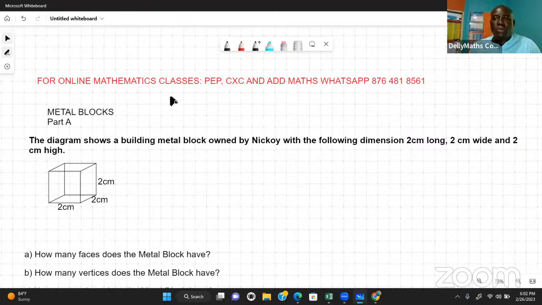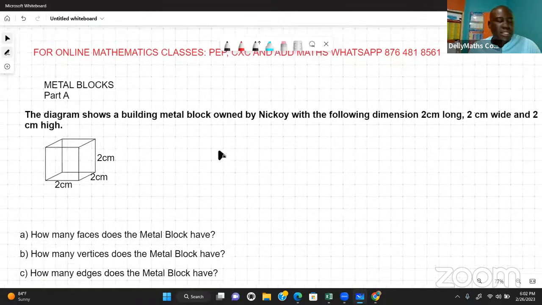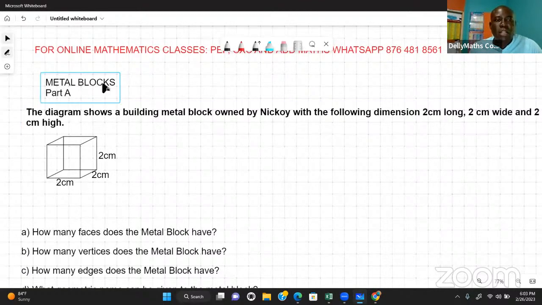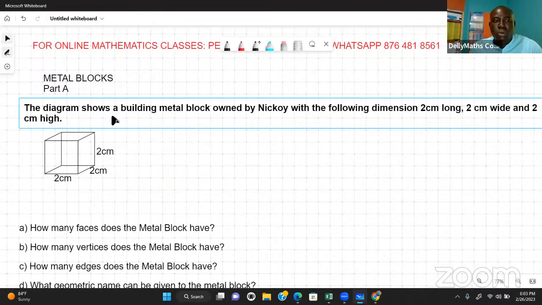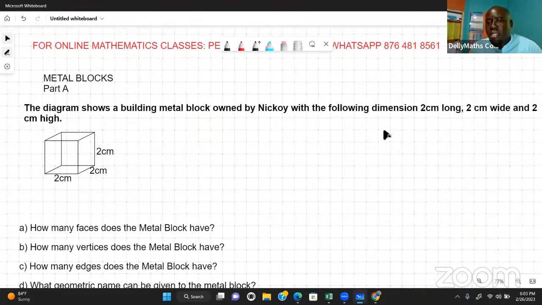All right. So what I'm going to do, I'm going to go through some problems and we're going to take some time to really unfold these ideas. So our first problem, as you could see here, it's dealing with a metal block. So I'm going to read. It says here, part A, the diagram below shows a building metal block owned by Nikoi with the following dimensions.